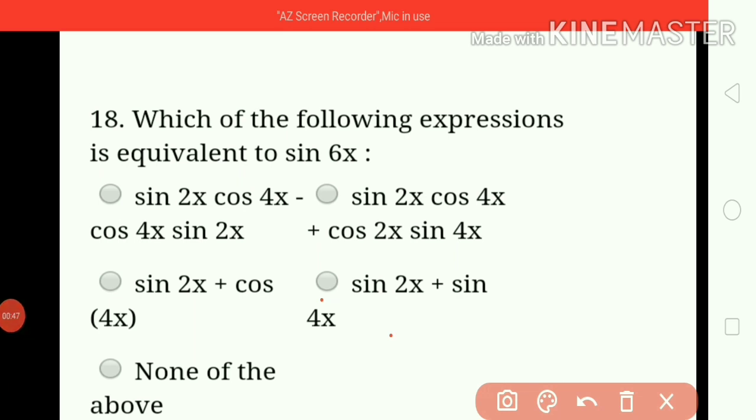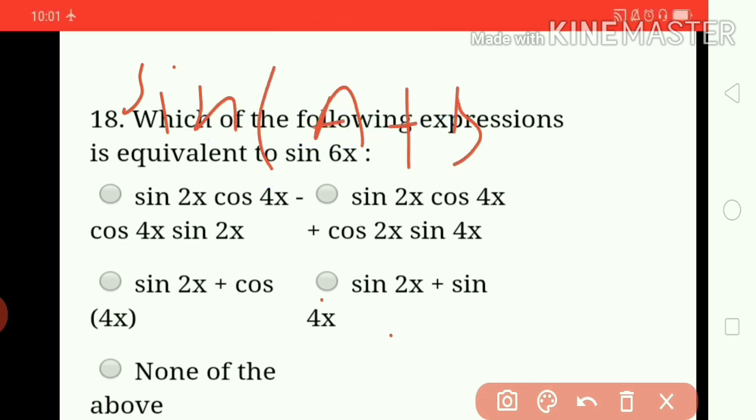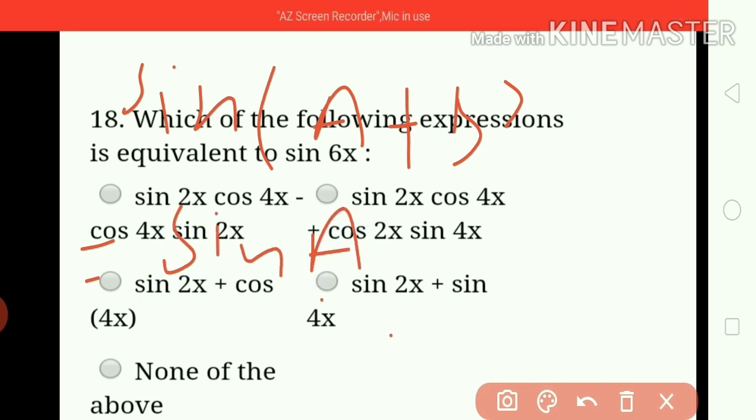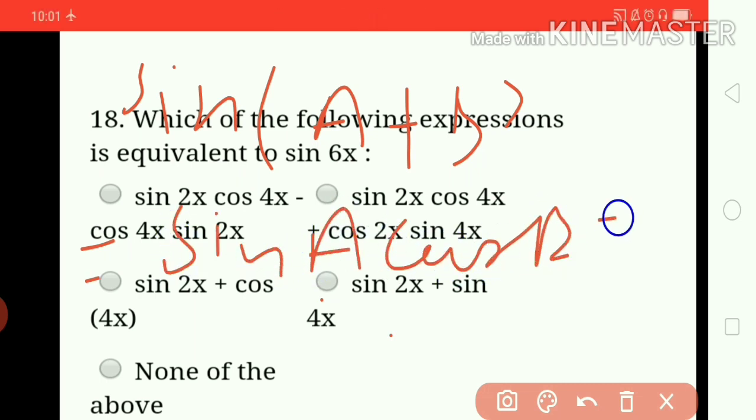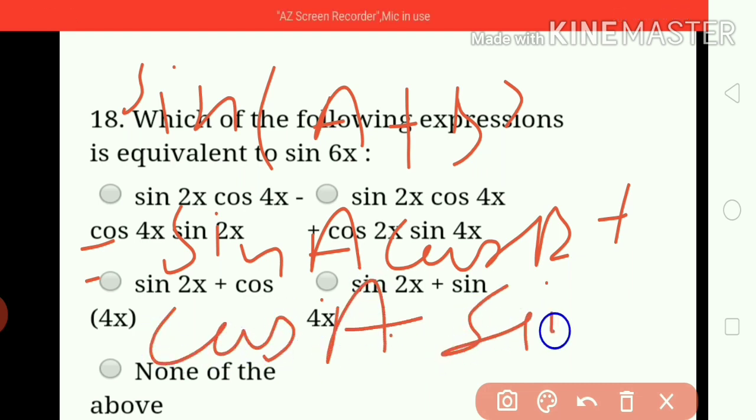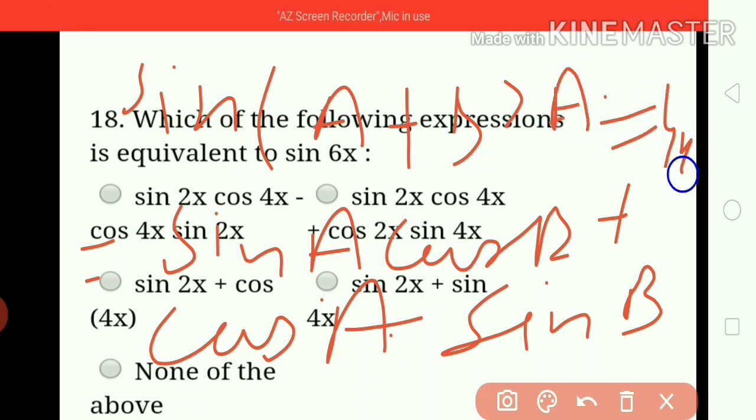Let us compare it with the sine formula, that is sine (a plus b) equals sine a cos b plus cos a sine b. Here a we have taken as 4x and b we have taken as 2x, right?